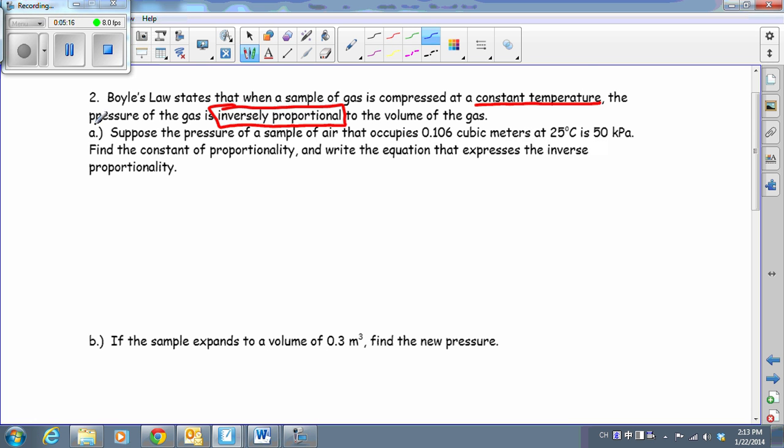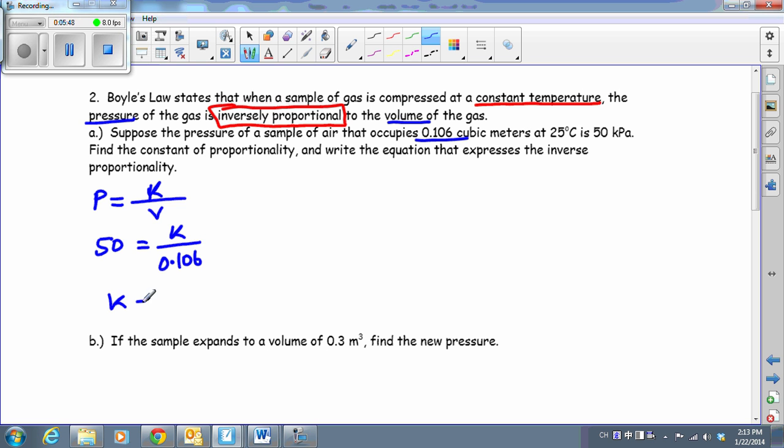So pressure and volume are also important. Now, because it's inversely proportional, I'm using the formula for inversely proportional. Now, I know that the pressure here is 50, equal to K, which is something that I don't know, over 0.106.